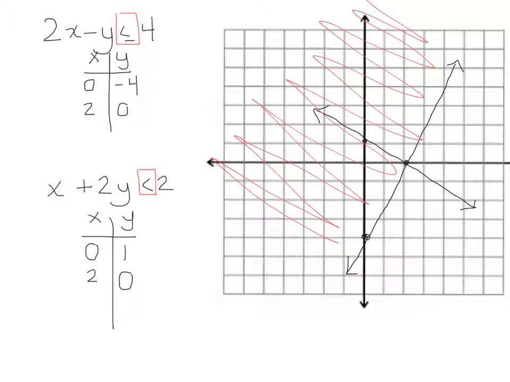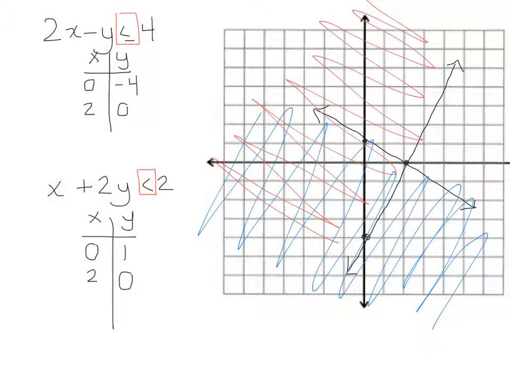Well, now I'm going to do the same thing for my second line. Using the easiest pair of coordinates, 0, 0, I would get 0 plus 2 times 0 is less than 2, and 0 is less than 2. So for my second line, I also need to shade on the side that contains 0, 0. So that would be below it here.